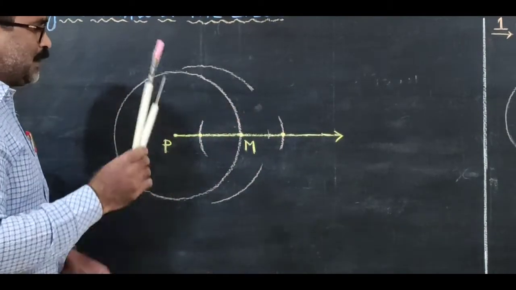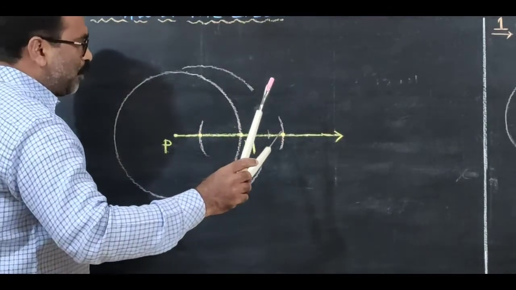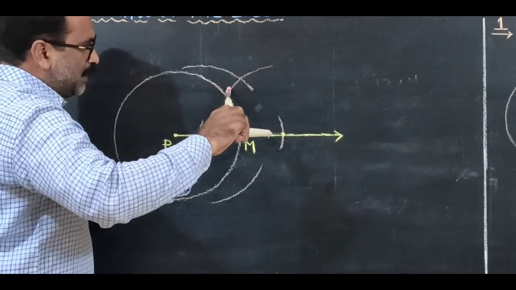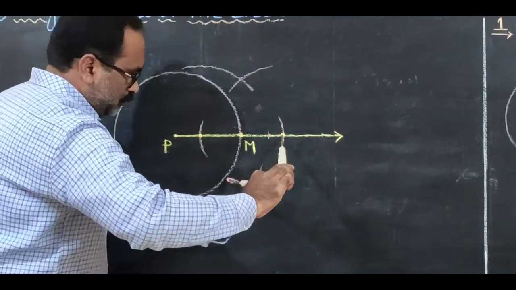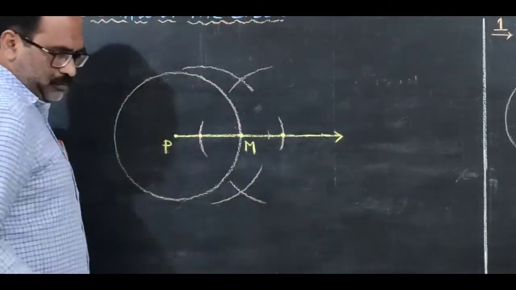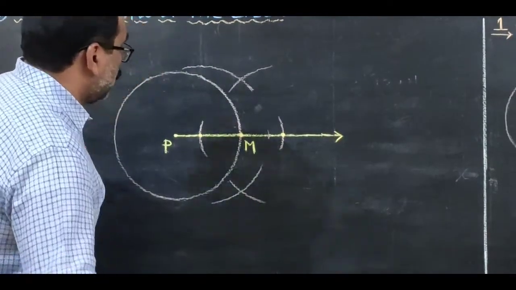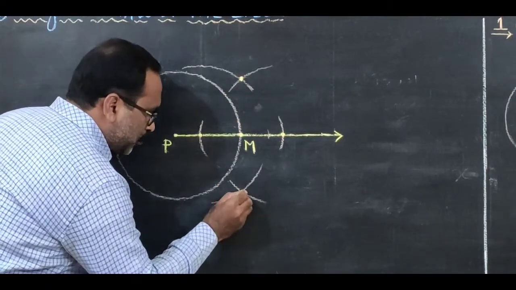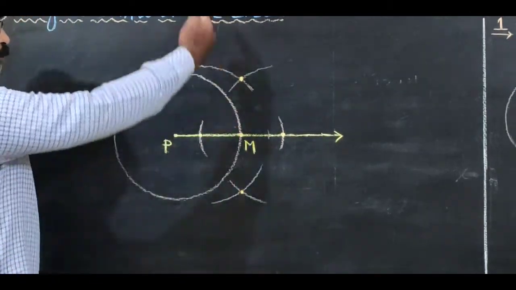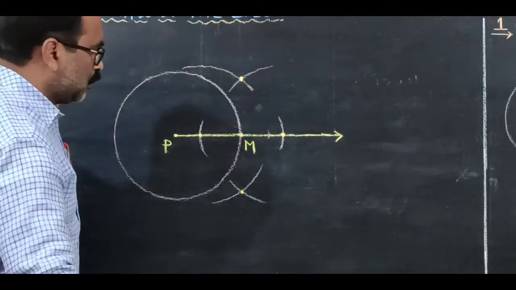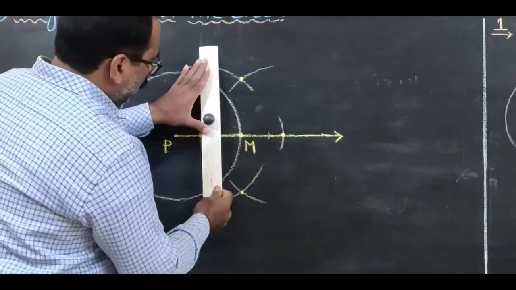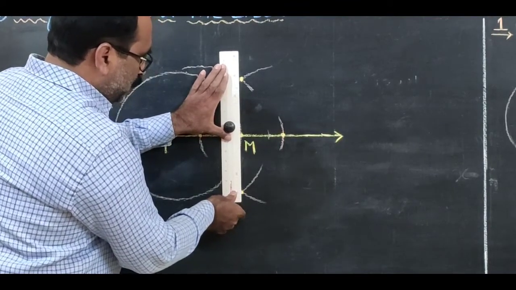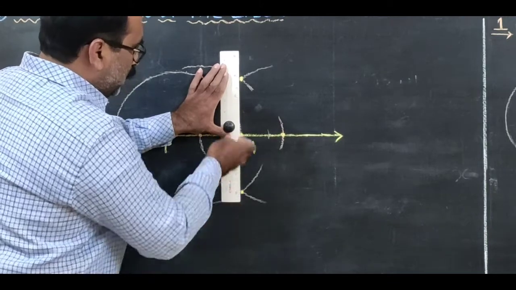Now without changing the distance, we put the nib of our compass at this point and we draw an arc intersecting the previous arc. This arc intersects at this point and at this point. So we draw a line passing through these 2 points, which is perpendicular to the radius at point M, and it is the tangent to the circle.